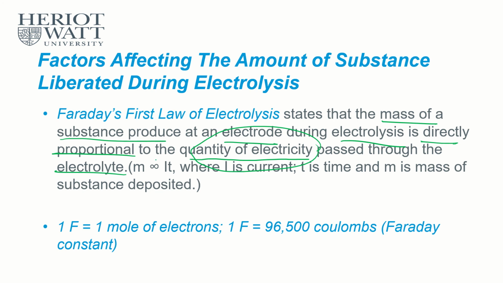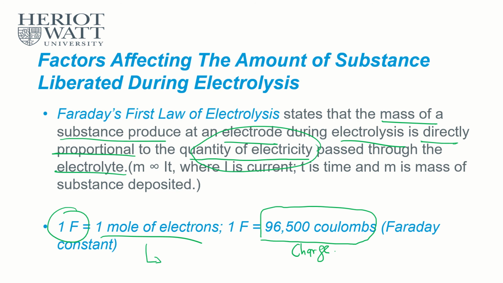Okay, and there's one relationship stated by Faraday's first law. 1 Faraday, 1 F, is equivalent to 1 mole of electrons, which is equivalent to 96500 Coulomb charge. This is the charge for 1 mole of electrons. How many electrons are there in 1 mole? If we count one by one, 1 mole of electrons equals 6.02 times 10 to the power of 23 electrons, right?